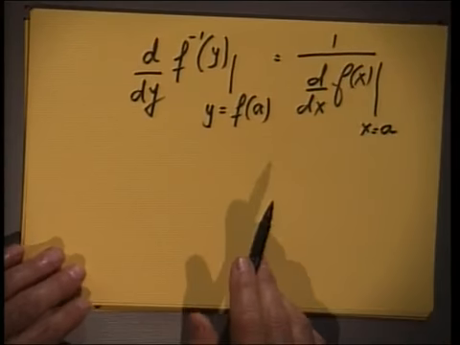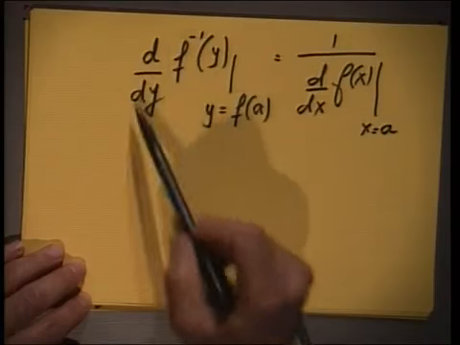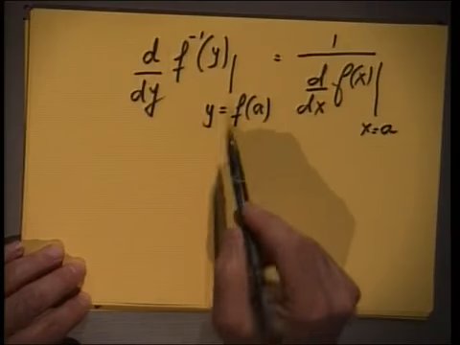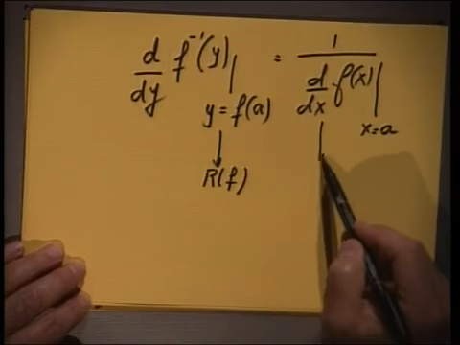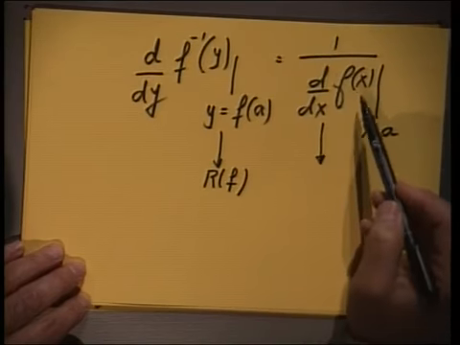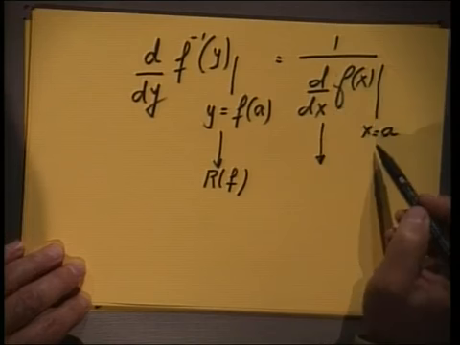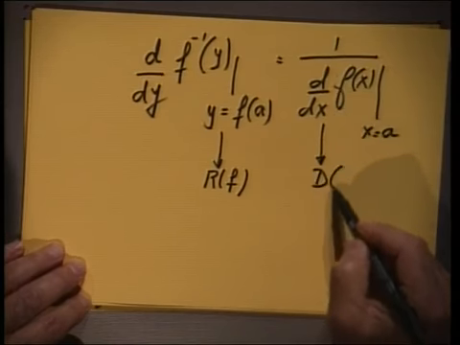In other words, it relates the derivative of the inverse function at some point in the range of f to the derivative of the original function at the point x is equal to a, which belongs to the domain of f.